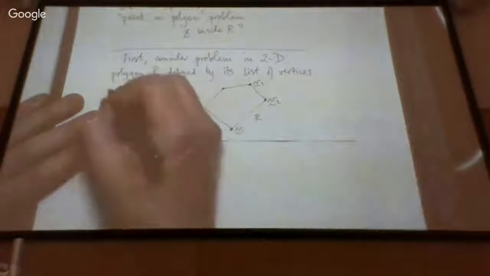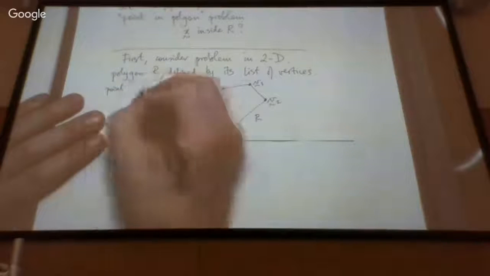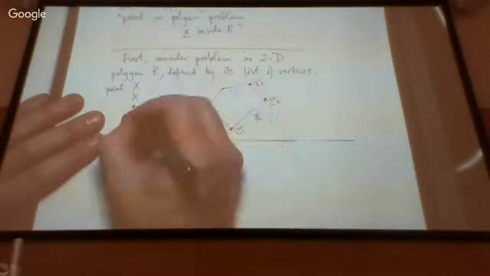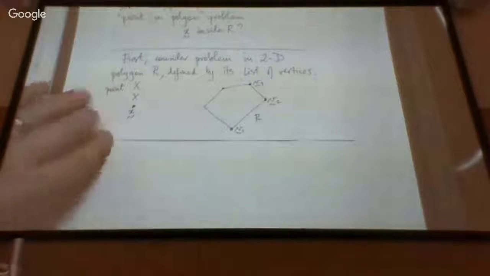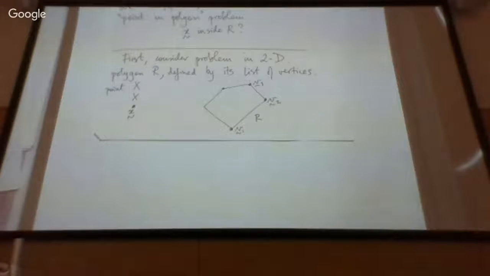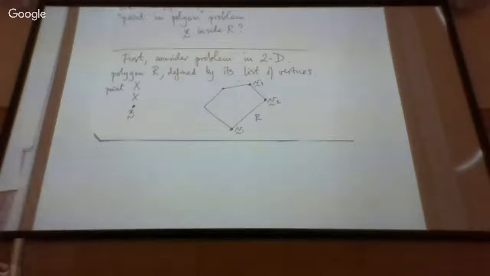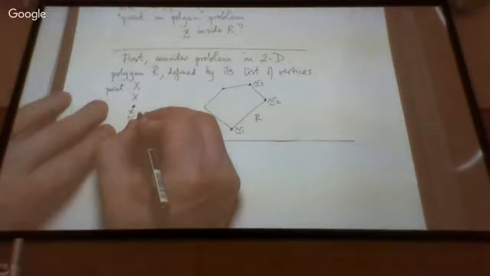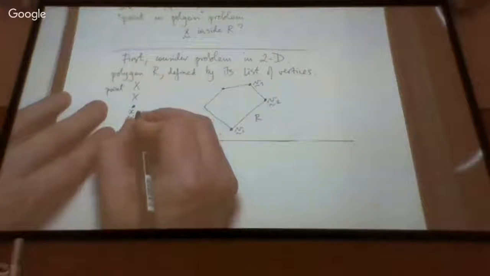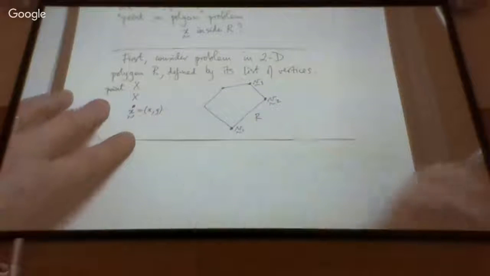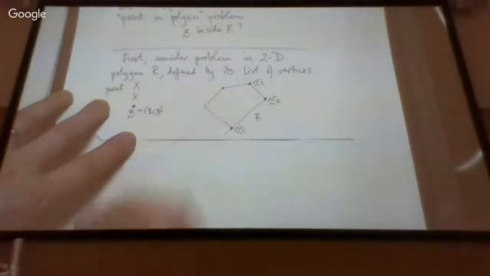We've got a polygon R and a point X. Point X over here is given by a position vector labelled X. So we think of everything as defined by vectors. The vector X, the position of the point, we can think of as having coordinates x0, y0, say.